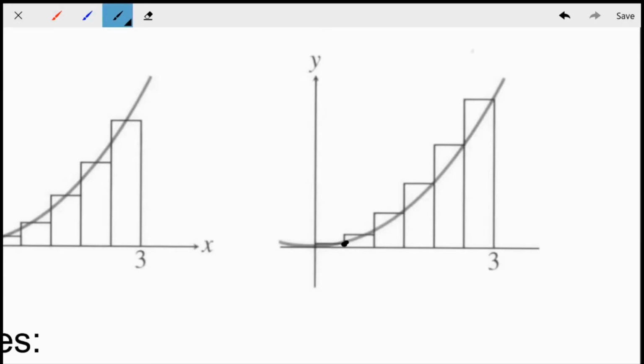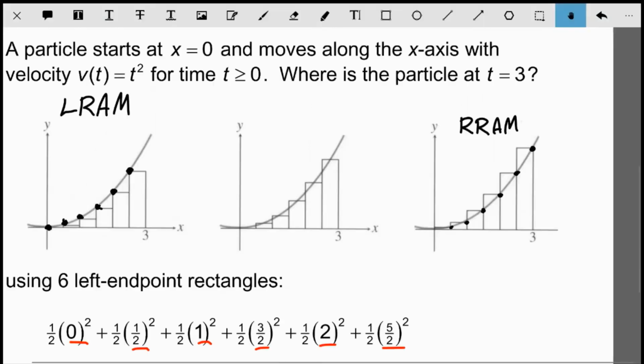So you can see the right side of each subinterval is approximately the function value for each one of the heights of those rectangles. So it's the same idea, but this time, since we're using the right-hand side of each subinterval, we call this the right-hand rectangular approximation method.